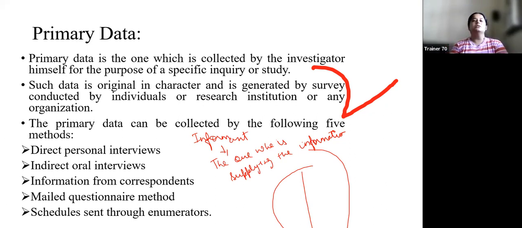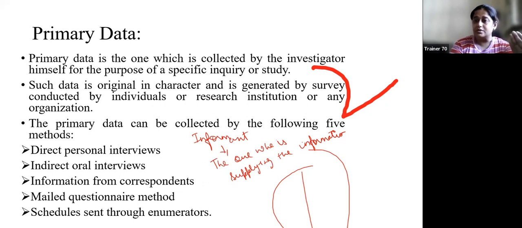Now, in this method, indirect oral interview, the interviewer contacts the witnesses, friends, neighbors, or any other person who is capable of supplying the information directly. जिसके बारे में information collect करनी है, उसे contact नहीं किया जाएगा.